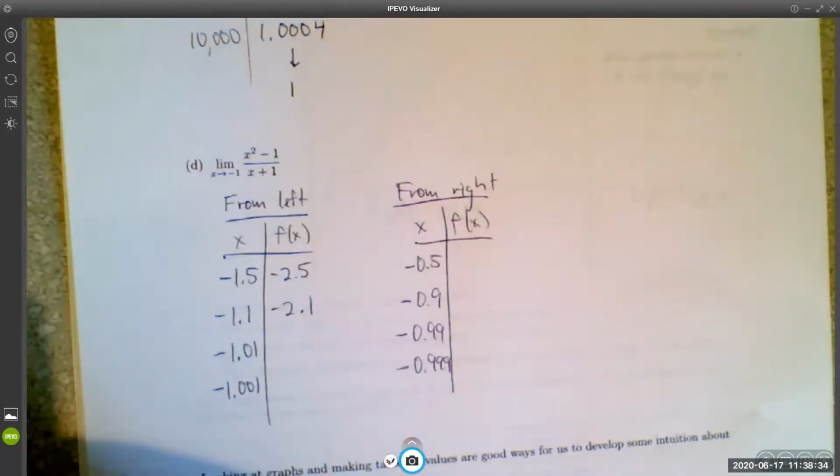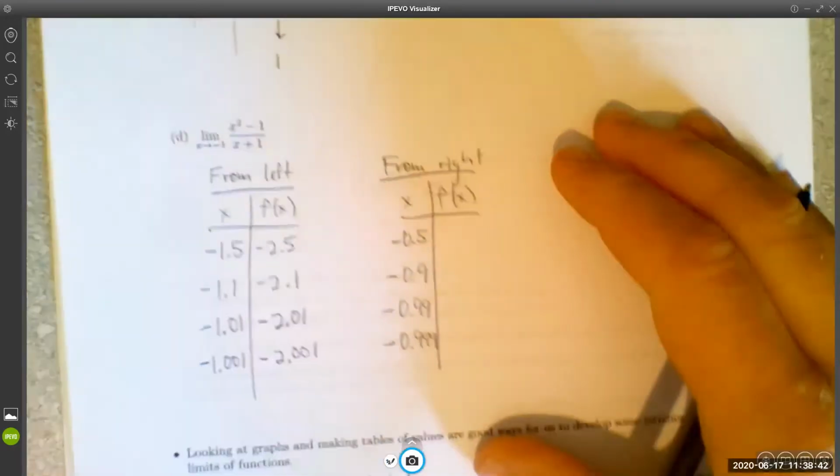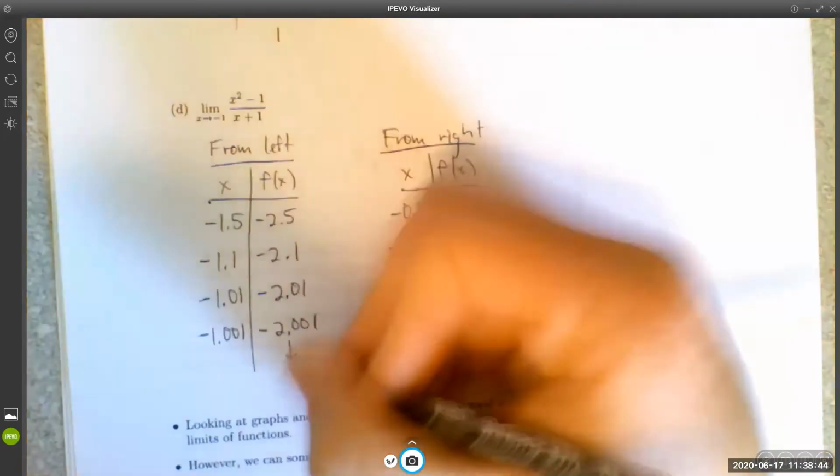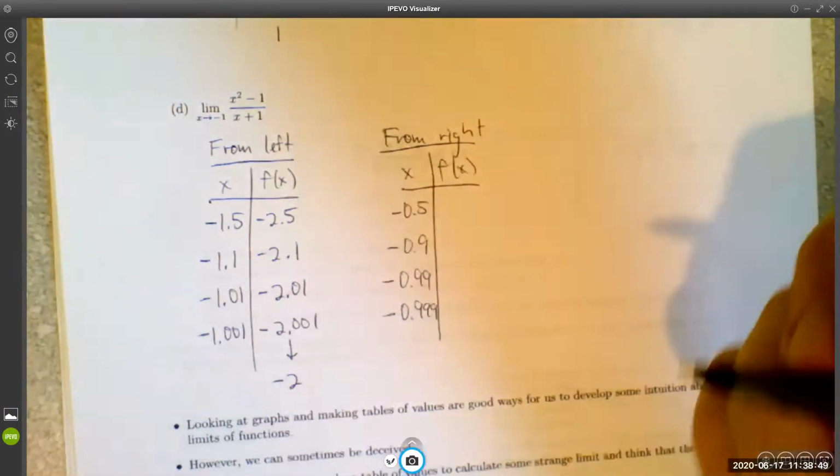Replace it with negative 1.01, and we get negative 2.01. Oh, this is interesting. So I suspect that we're going to get negative 2.001, and it seems like the value that we're approaching then is negative 2. So from the left, we're definitely approaching negative 2.